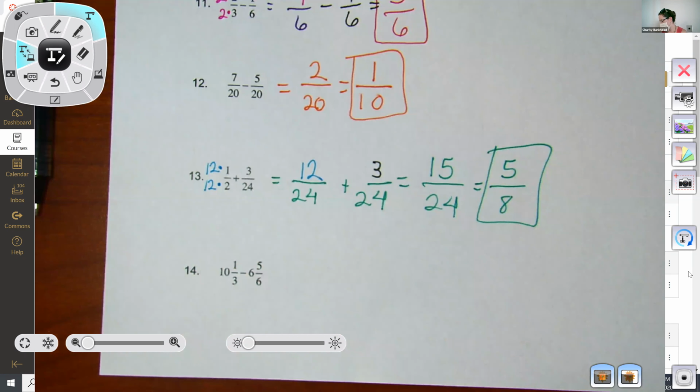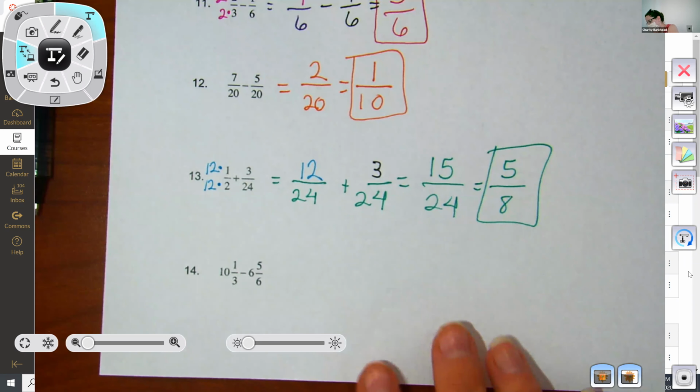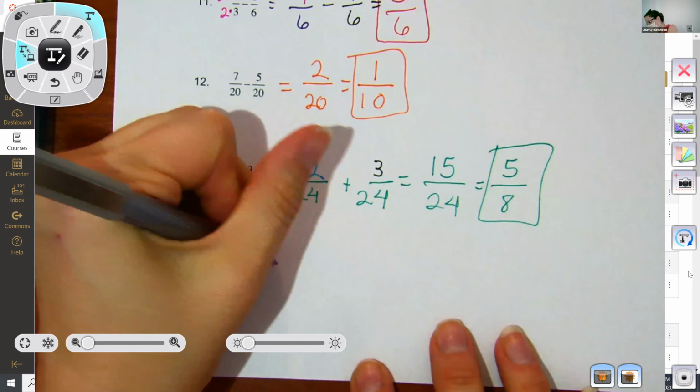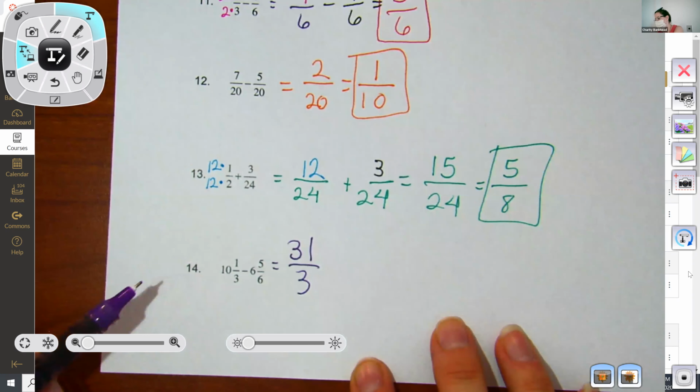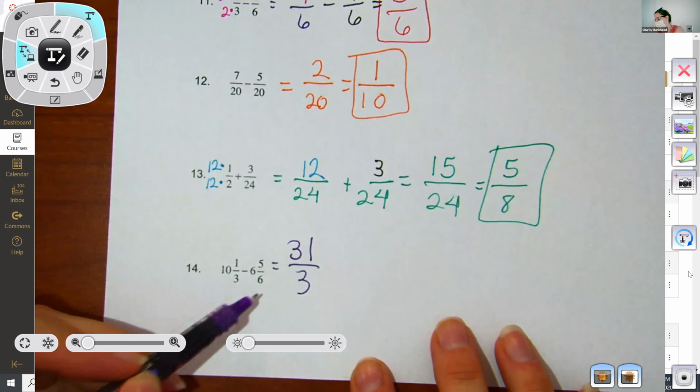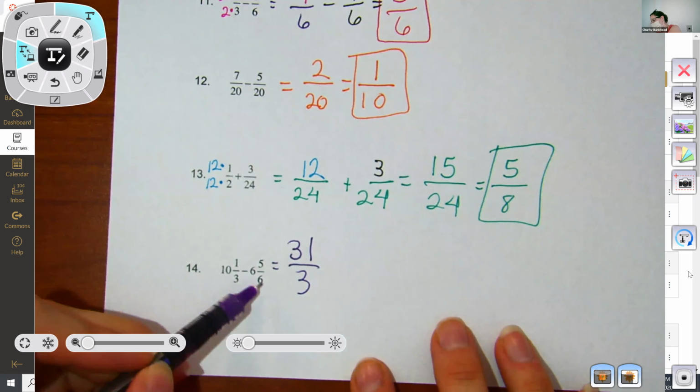All right. And then number 14, I'm going to change those into improper fractions. So that would be 3 times 10 is 30 plus 1, so that's 31 over 3. And then 41 over 6.